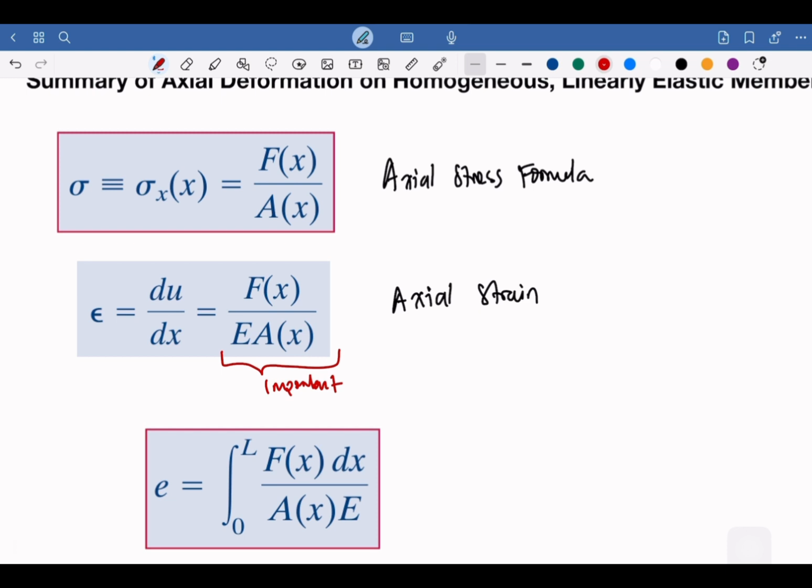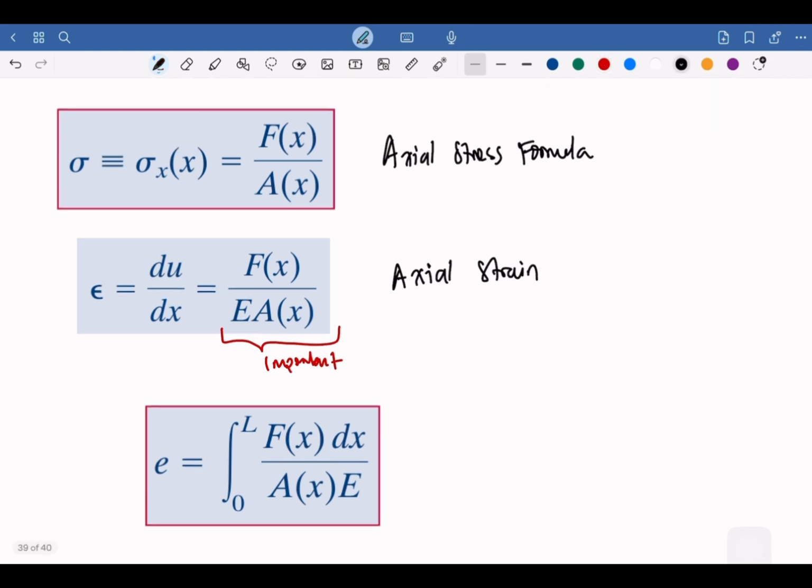From the axial stress and the axial strain, we are going to summarize these two in terms of the elongations. But we still have the integration. We are going to define with some exact length that we are going to define here. So this we call the axial force deformation equation.